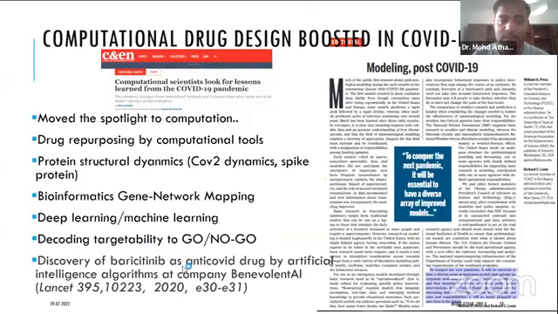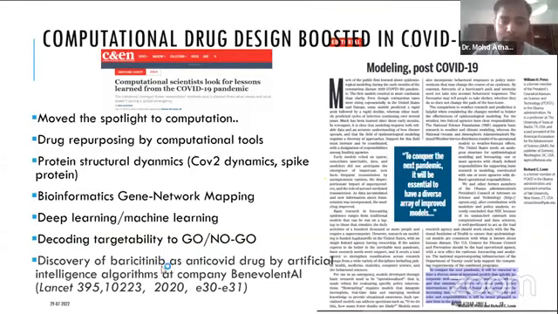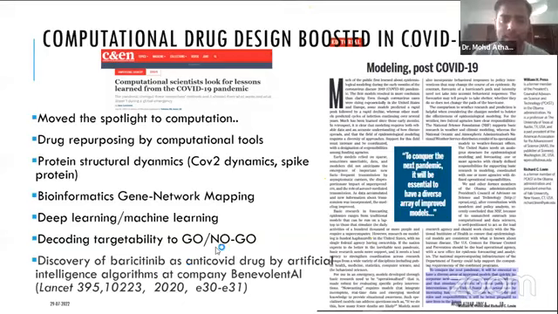One very recent example of a drug that came out of computational design is baricitinib. Using artificial intelligence and computational tools, this drug has been designed, and it is being implemented as an anti-COVID drug.